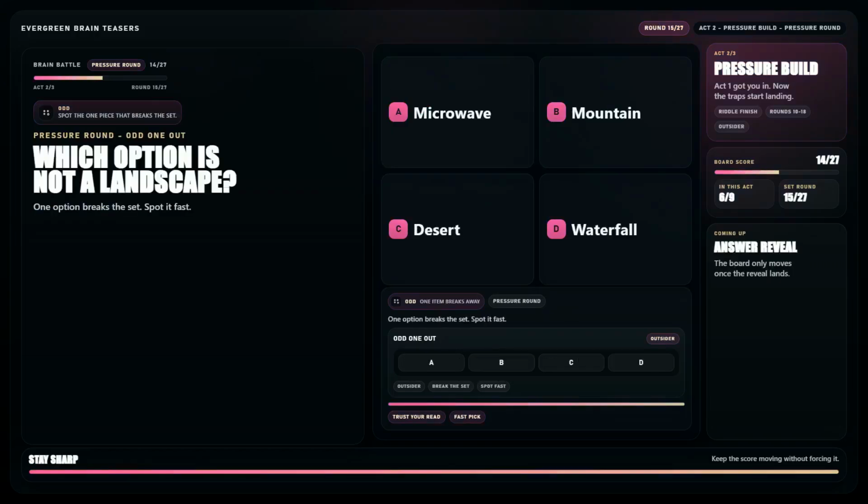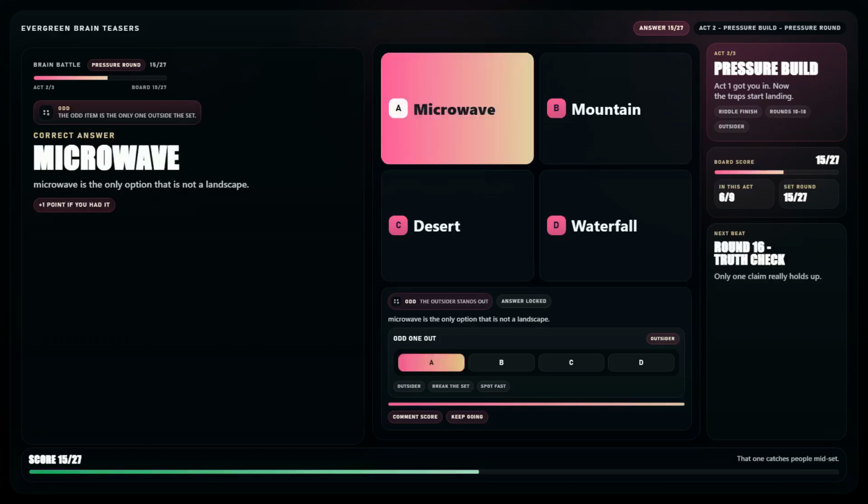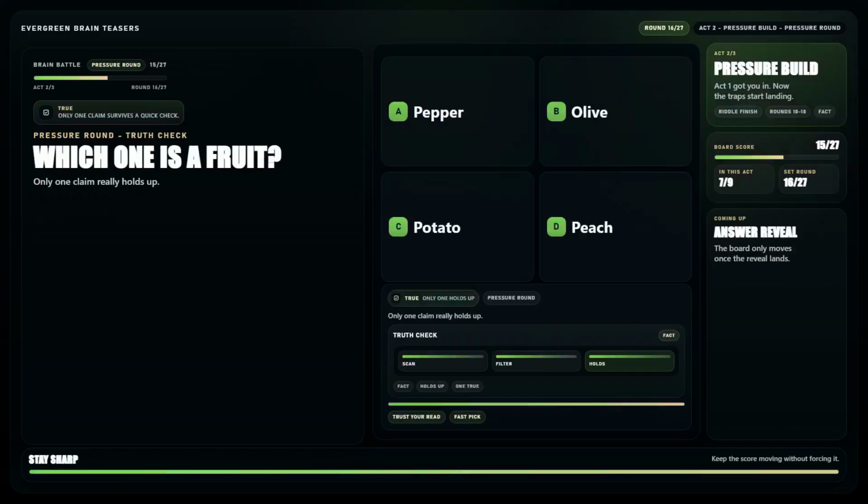Outsider switch. Which option is not a landscape? Microwave. That is the outsider. 3 belong together. Fact switch. Which one is a fruit?